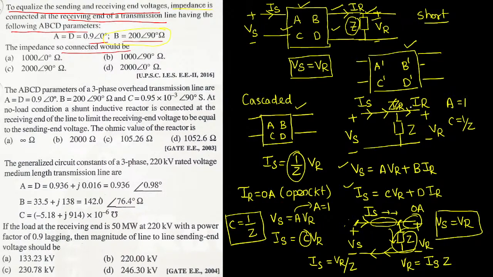Though you don't know the value of ABCD values at all, எதுமே உங்களுக்கு தெரியாது அப்படி நீங்க வச்சிட்டாலும், just for the purpose of analyzing you can just assume network is symmetrical. When the network will become symmetrical, then the value of A and D will become equal. So I can say A and D equal to 1 and C equal to 1 by Z. Now we have to identify the value of B, next target.